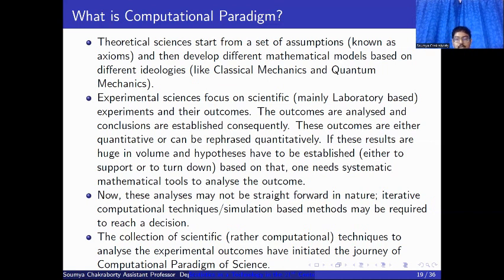Now, the experimental sciences like industrial chemistry or some fields of biology or medical science perform experiments, mainly laboratory-based experiments, and they have huge outcomes, and they then analyze those outcomes to establish some hypothesis. That is whether smoking causes lung cancer, like that. Now, these hypotheses cannot be proved. We have to support or turn down those hypotheses on the basis of the data.